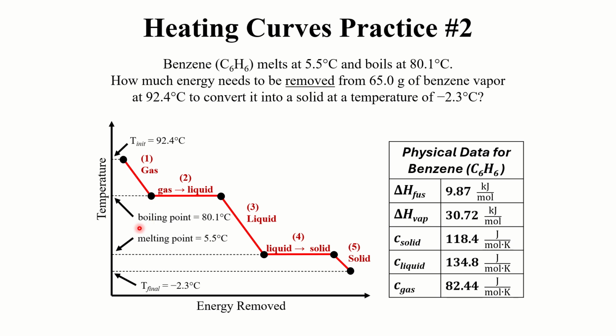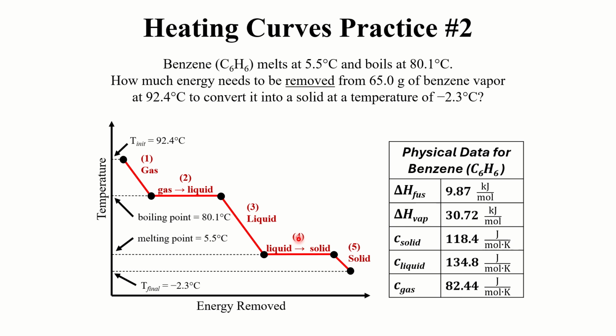I do recommend keeping your delta T values positive because in theory you should be getting positive Q values given the phrasing of the question. For the gas, I would do 92.4 minus 80.1. That would tell me the temperature change for the gas. For the liquid, I would go 80.1 to 5.5, and for the solid, 5.5 to negative 2.3. Those will give you your delta T values.